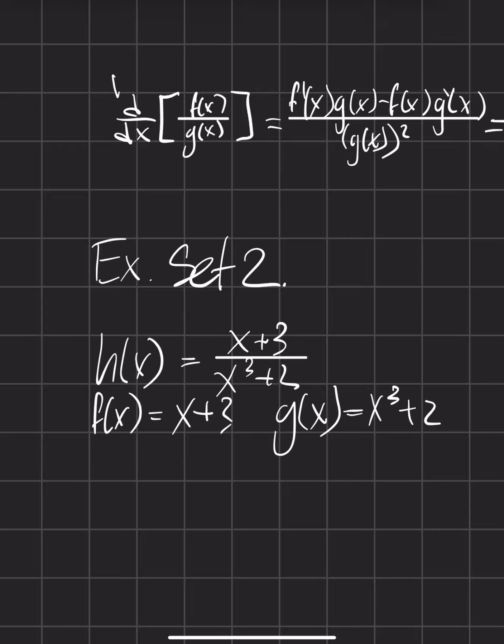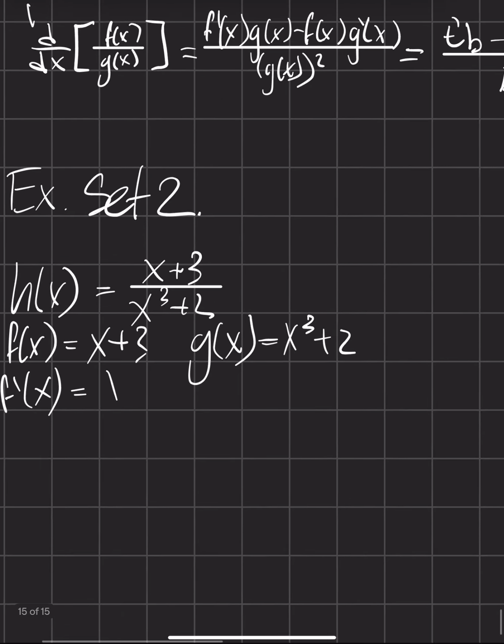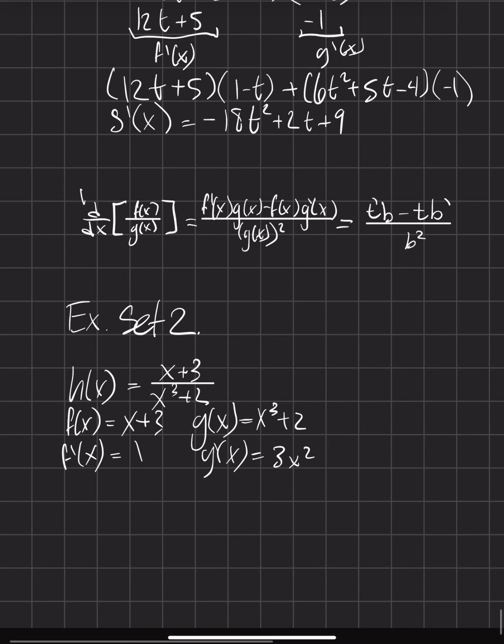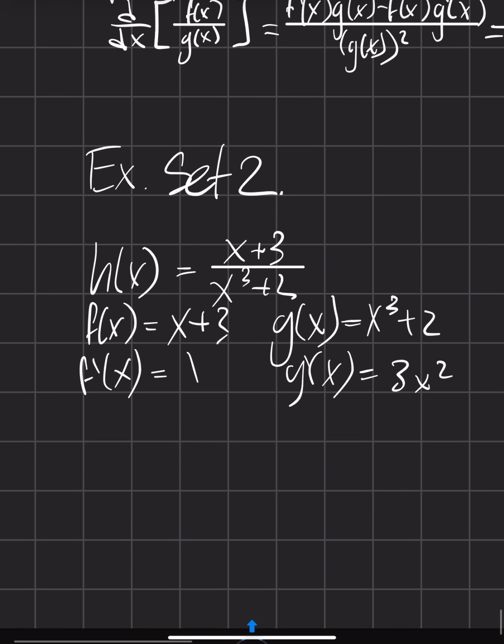x cubed plus 2. So f prime of x is going to be just 1, right? Because the derivative of x is just 1. And then g prime of x is going to be 3x squared. And now you have all the parts that you need to put into the quotient rule, right?